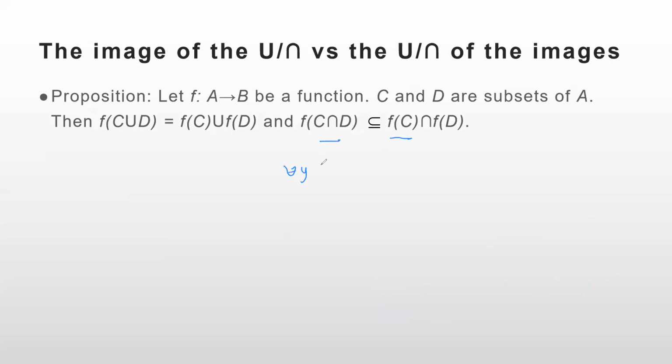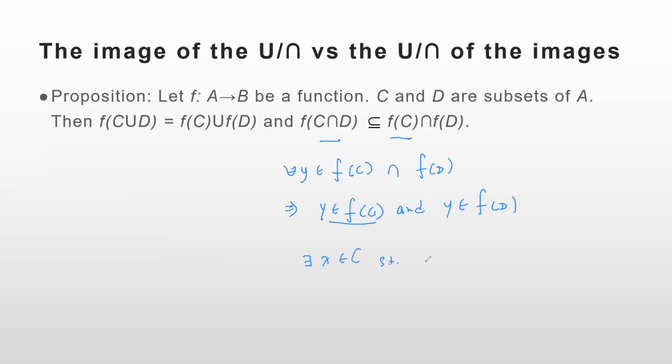You start with y in f of C intersect f of D. Then you can conclude that y is in f of C, that's no problem, and y is in f of D. So that means there exists some x in C such that f of x equals y. Now look at D. There does exist an element in D, but not necessarily this x.